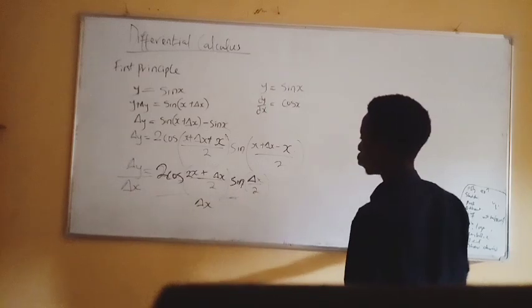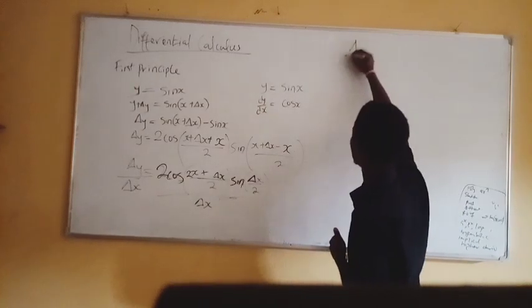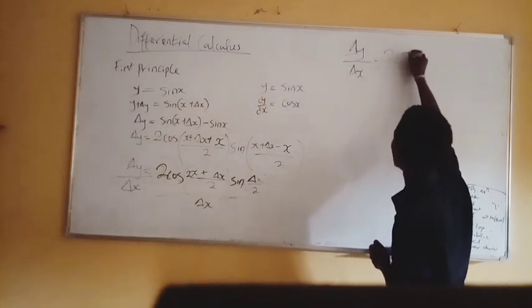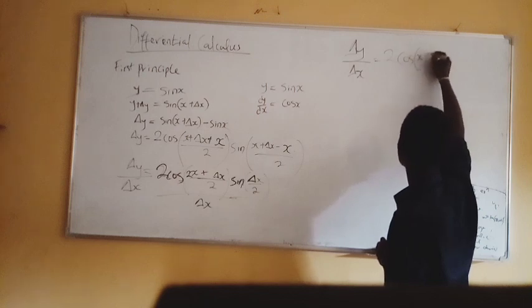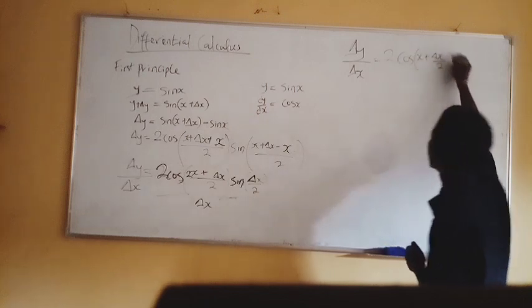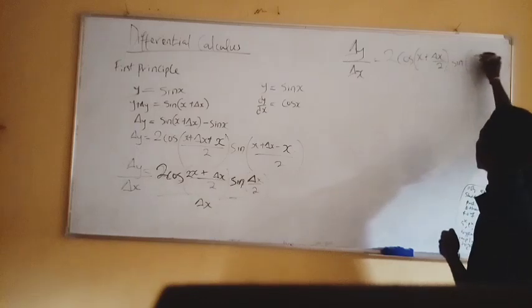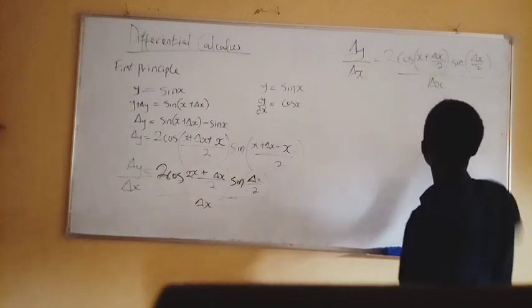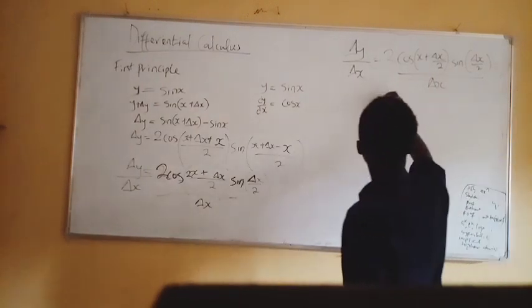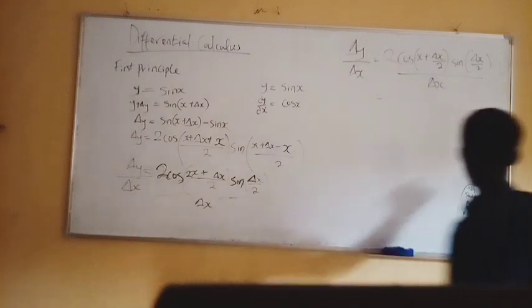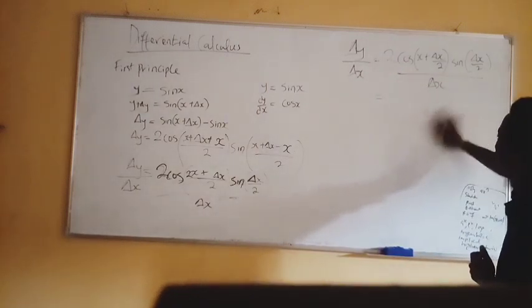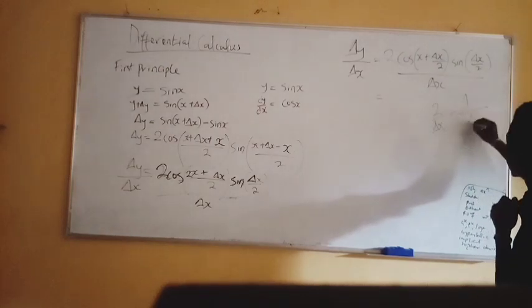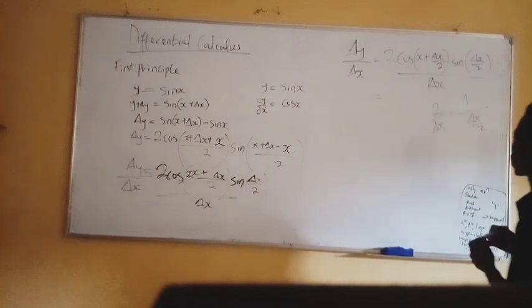As I said, delta y over delta x is 2 cos of x plus delta x over 2, sine of delta x over 2, over delta x. Now, if we invert, 2 over delta x is the same thing as 1 over delta x over 2. So that's exactly what we're going to do here.